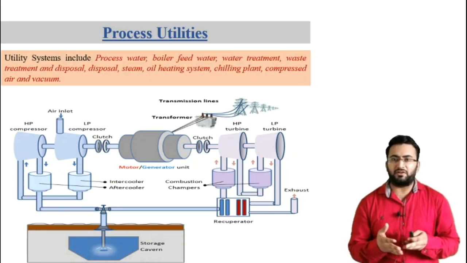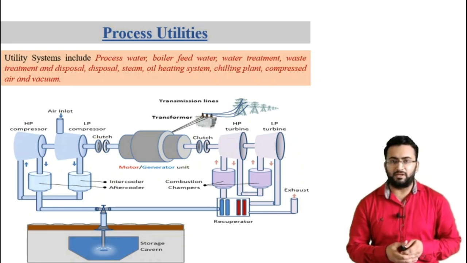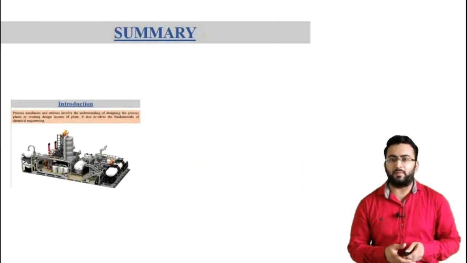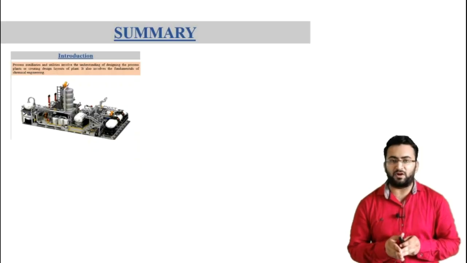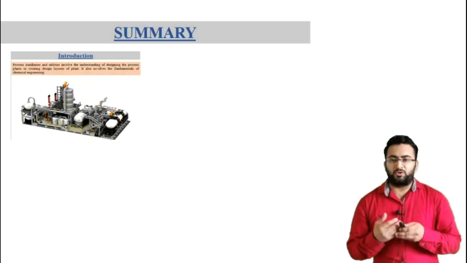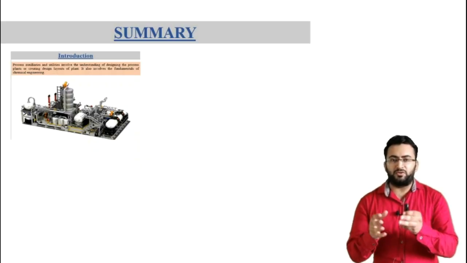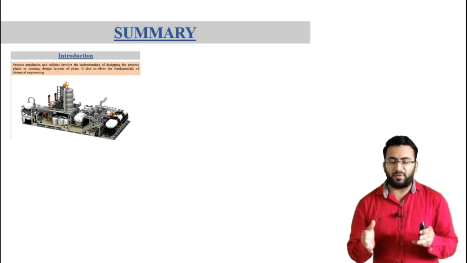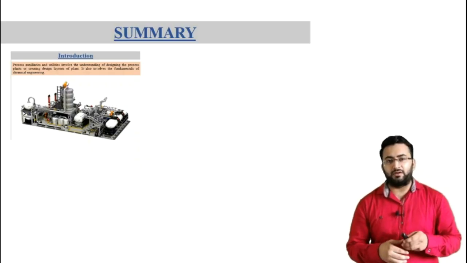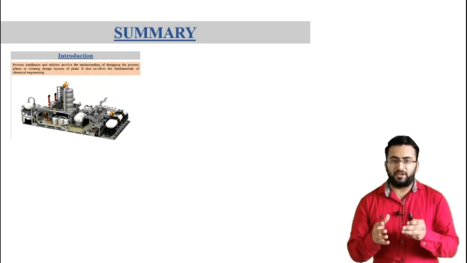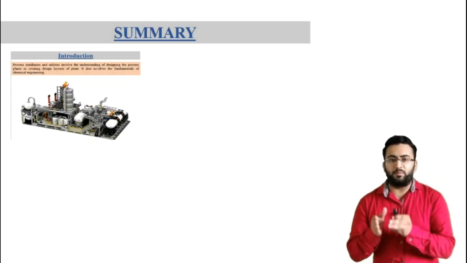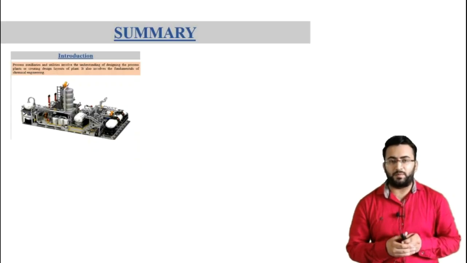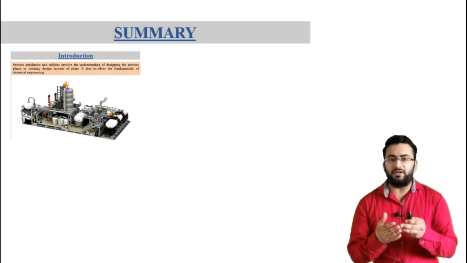These are all considered in process utility. So in this lecture we talked about the importance of process auxiliary and utility. Process auxiliary and utility use various basic fundamentals of chemical engineering in a chemical plant. So it's required to understand the importance and application of process auxiliary in the chemical industry.